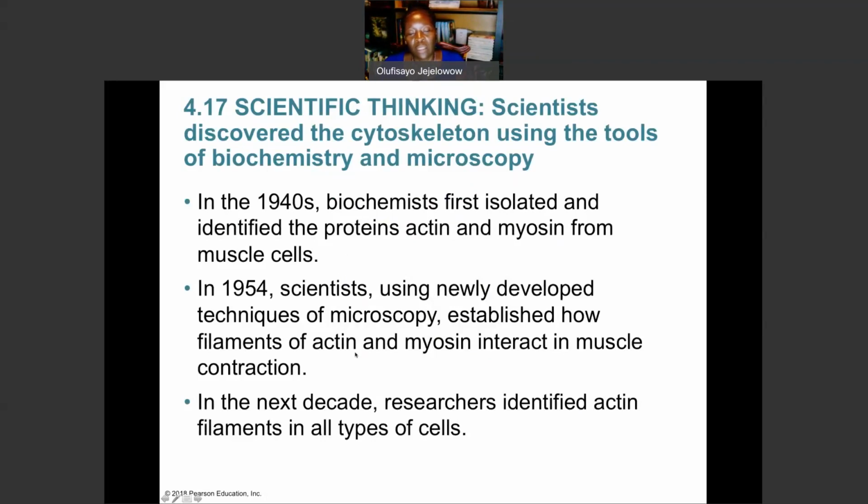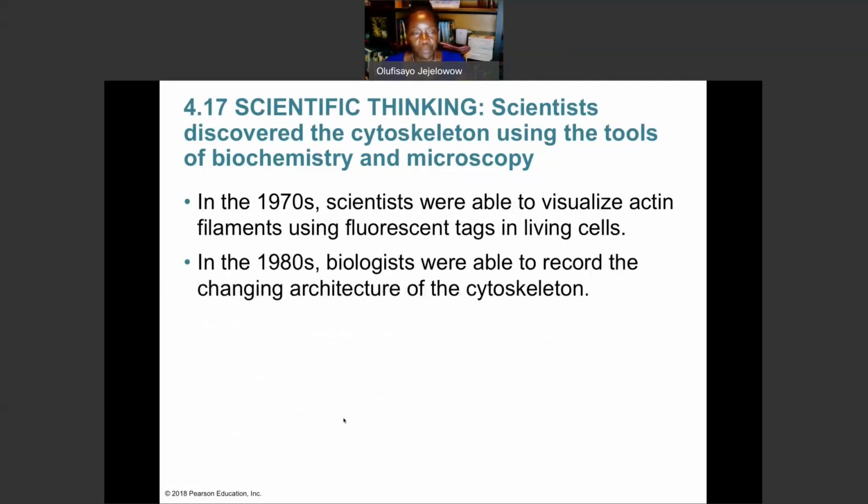Since then, researchers have found actin filaments in all types of cells, single cells and multicellular organisms, essential for movement within the cell and for the cell to move in its environment.